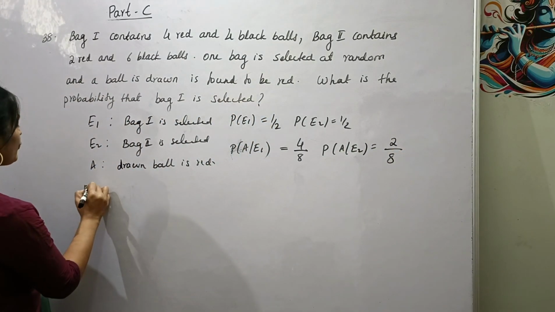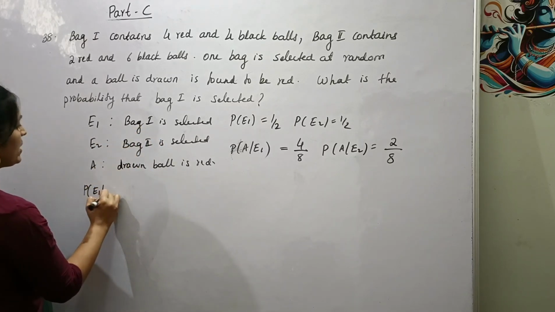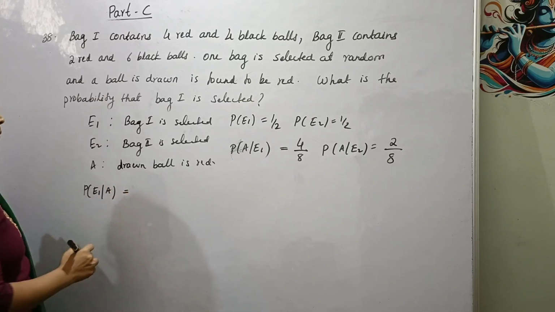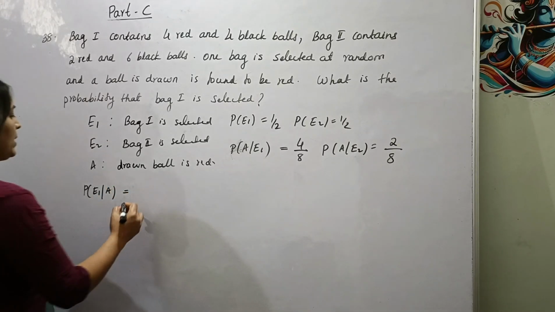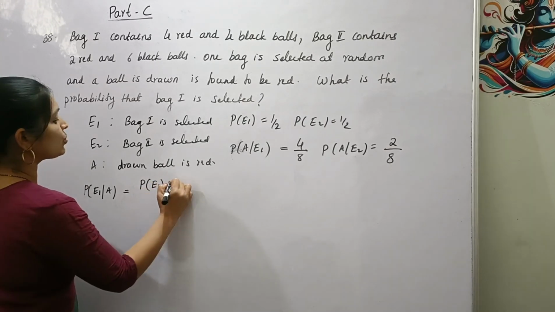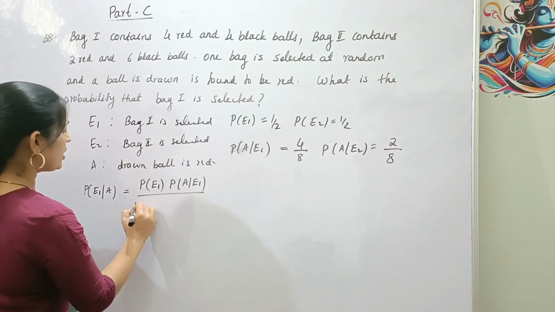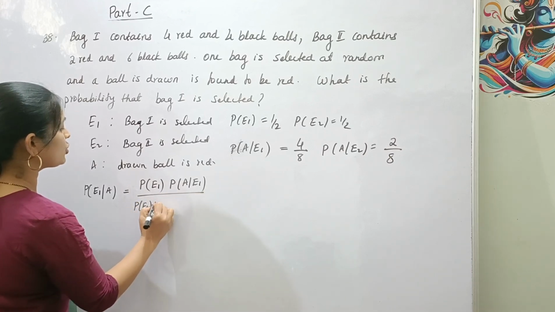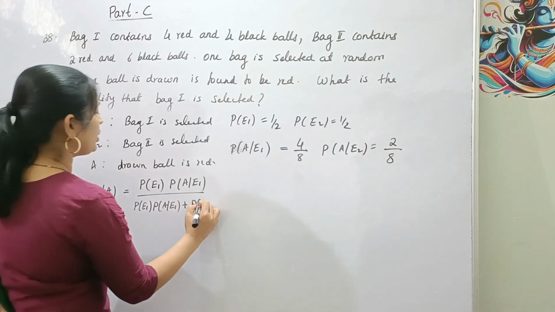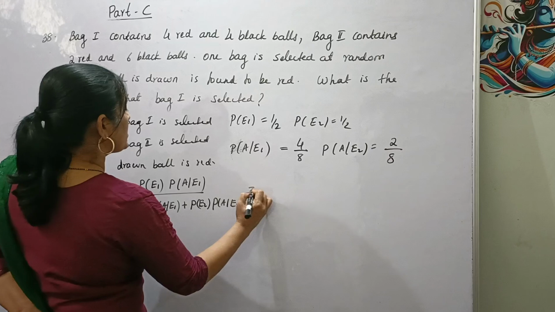What we have to find is the probability of E1 given that the drawn ball is red, that is probability of E1 given A. That is equal to probability of E1 into probability of A given E1, divided by probability of E1 into probability of A given E1 plus probability of E2 into probability of A given E2.